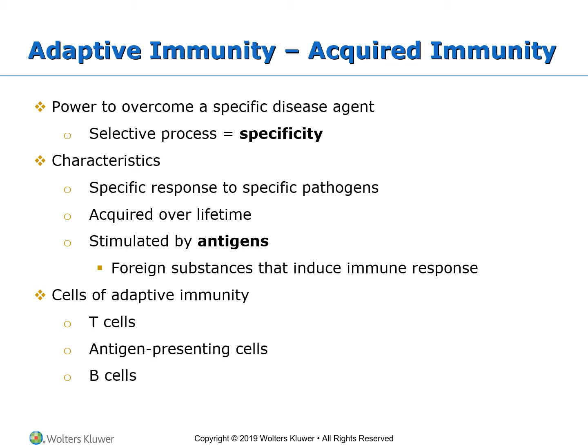Most of those antigens will be large proteins, but they can also be carbohydrates, and even some lipids may act as an antigen. Everything that is normally a non-self antigen, something that the body doesn't recognize as belonging to itself, will generate an immune response.